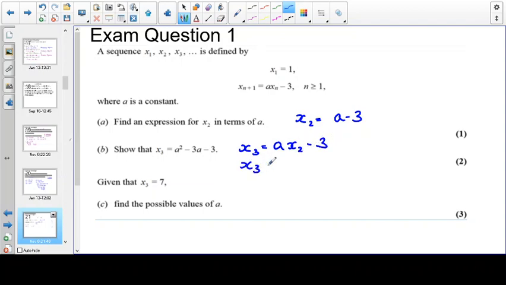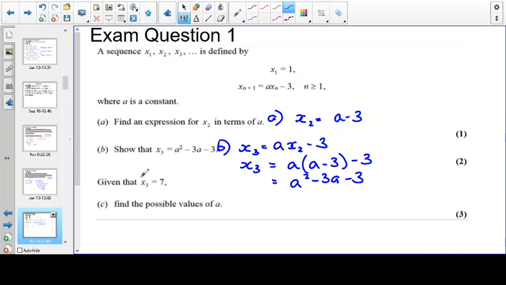So x3 is going to be a lots of a minus 3, minus 3. And then if I expand that out, a squared minus 3a minus 3. That's part B.